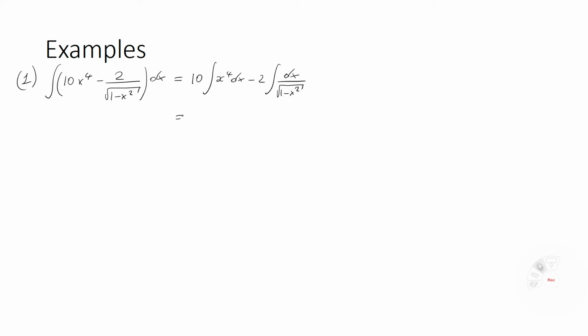Now these are integrals that we can make sense of. So x to the power 4 gives us x to the 5 divided by 5, and 1 over the square root of 1 minus x squared gives us an inverse sine. And then we have to add a constant. Don't forget the constant. In other words, it's 2x to the 5 minus 2 times sine inverse of x plus c.